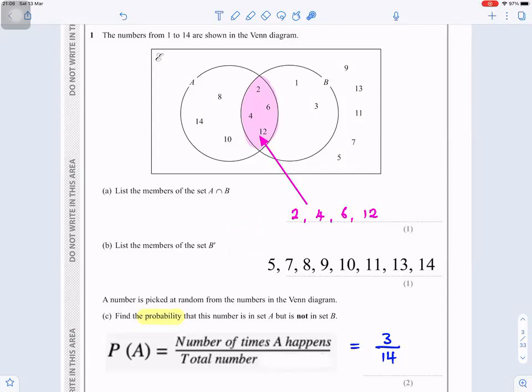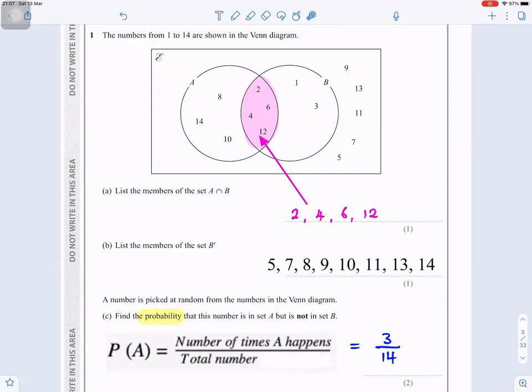The ones which are not in B are 5, 7, 8, 9, 10, 11, 13, 14. So those are the ones which are not in B. So those are what is called B dash.